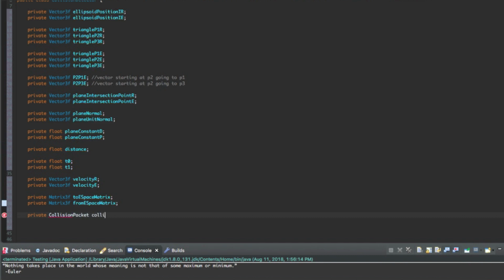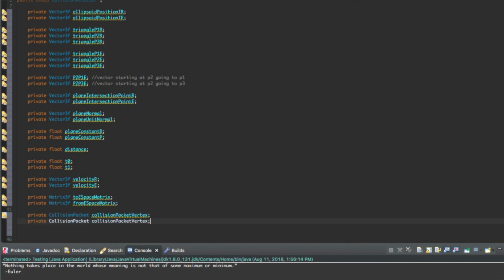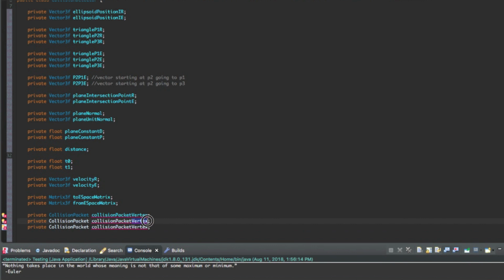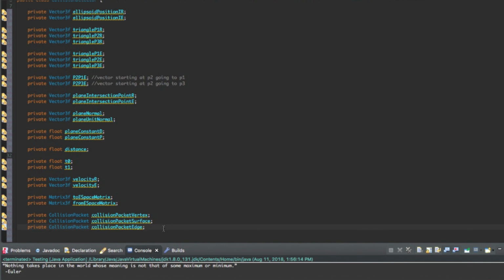We'll also need a collision packet to represent the collisions that occur, and we'll have 3 of these, one for the vertex, one for the surface, and one for the edge. So those are the 3 types of collisions that are possible. Of course, there's also the null collision or no collision at all.